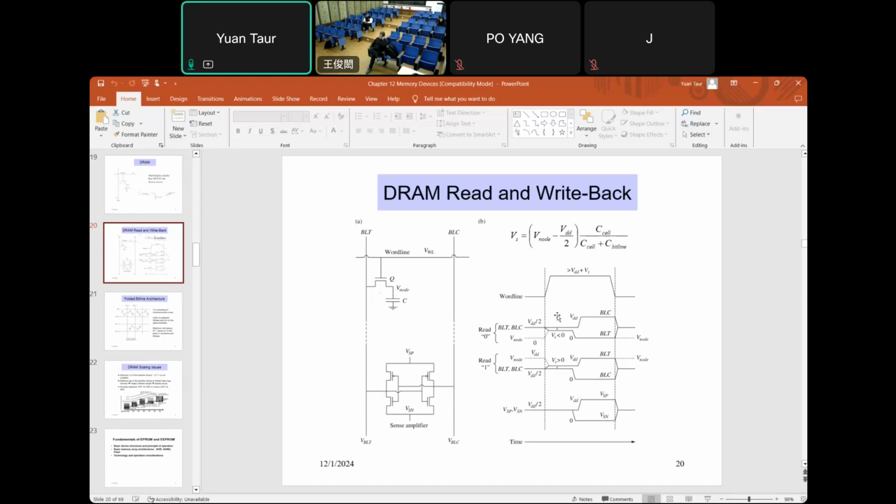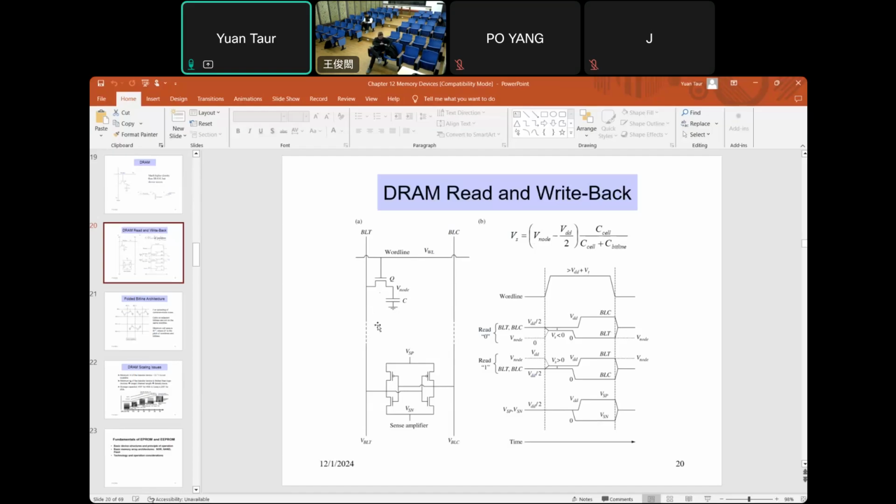The last point is that the word line usually goes to VDD plus VT higher. Now that's because if the write back is ground, that's no problem.